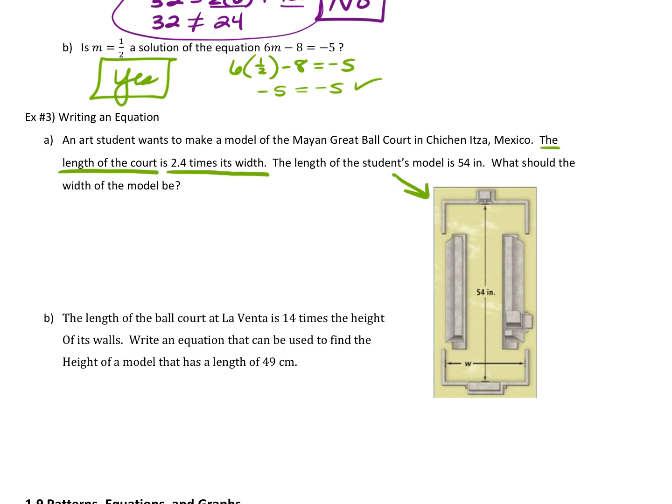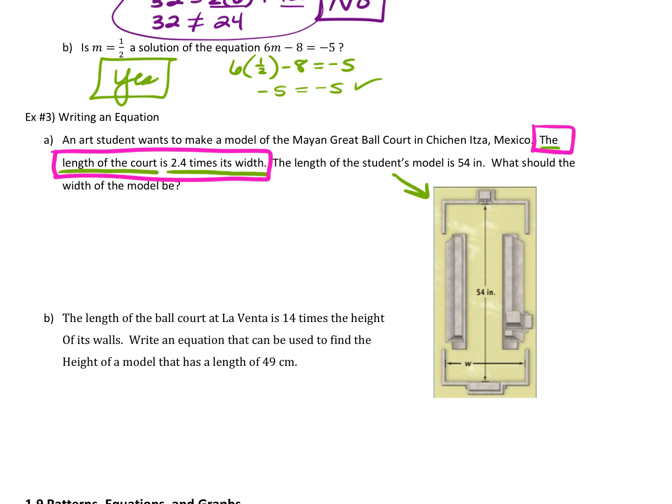So let's think about this. This is the sentence I want you to focus on. The length of the court is 2.4 times its width, okay? How could you write just a math sentence from that?